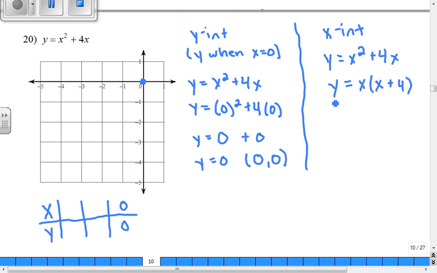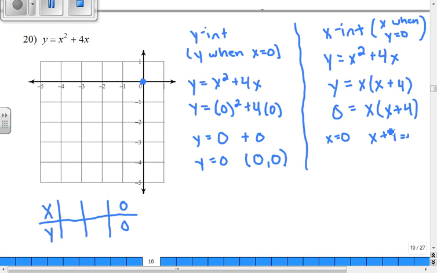So now that I have my equation factored, I simply use the zero product property. I know that my x-intercept is x when y equals 0. So I set this equal to 0. And I say, okay, x can be 0, or x plus 4 can be 0.